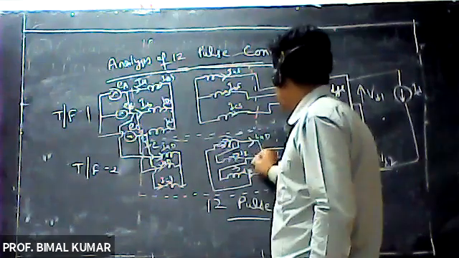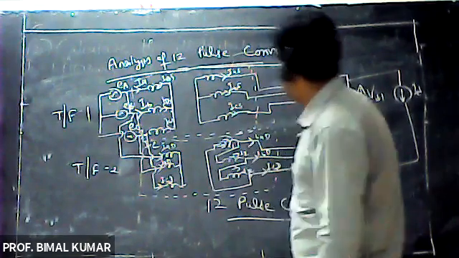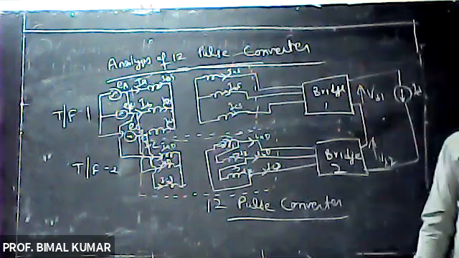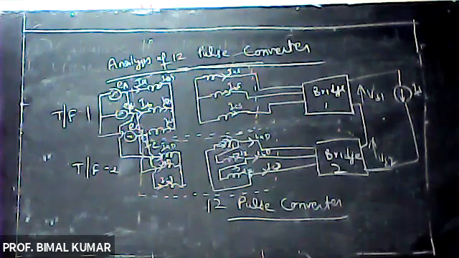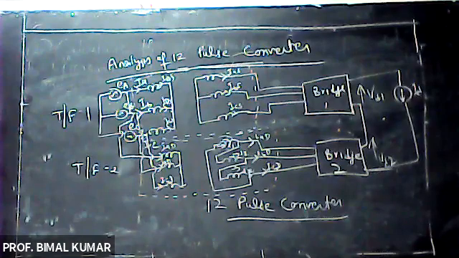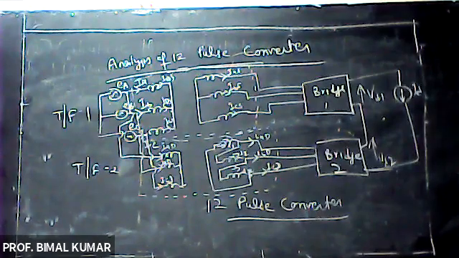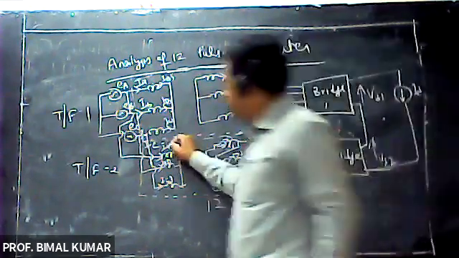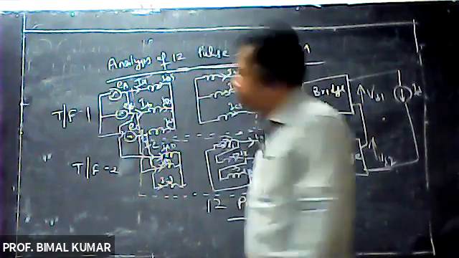IAD, IBD and ICD are the currents supplied by transformer 2 to the bridge 2. Now, in the first case, you may note these notations IAD, IBD and ICD as capital, right?